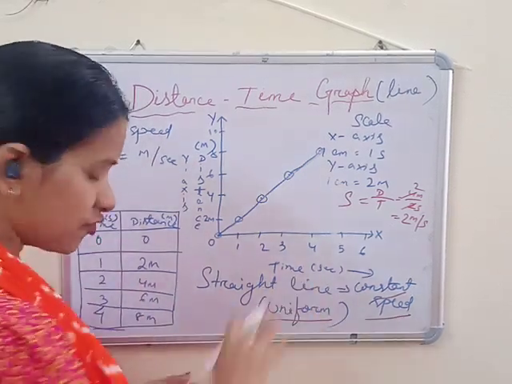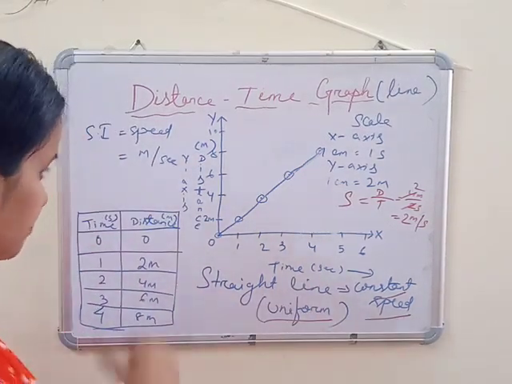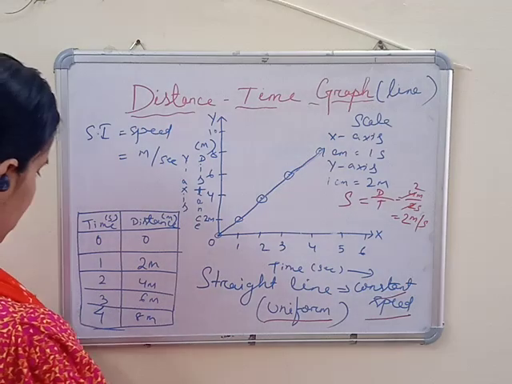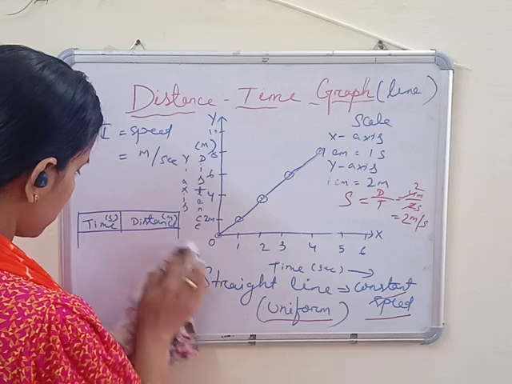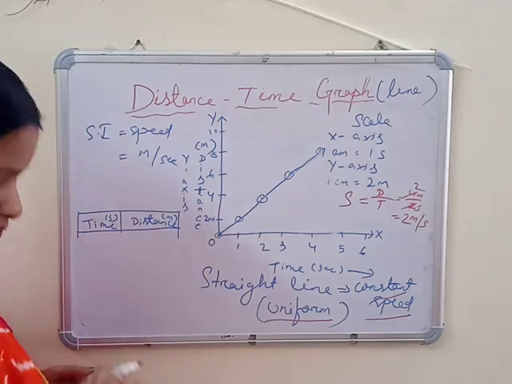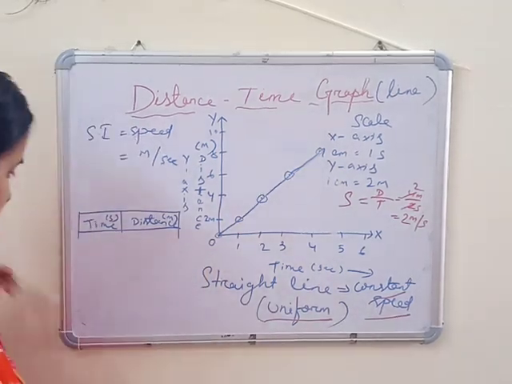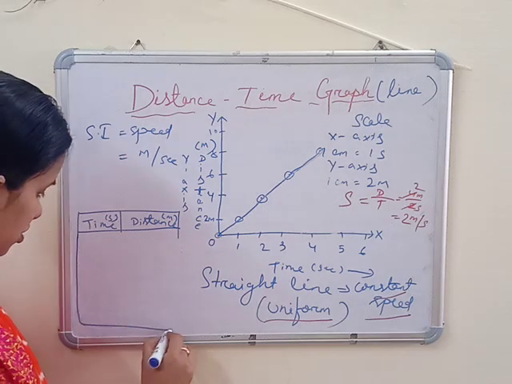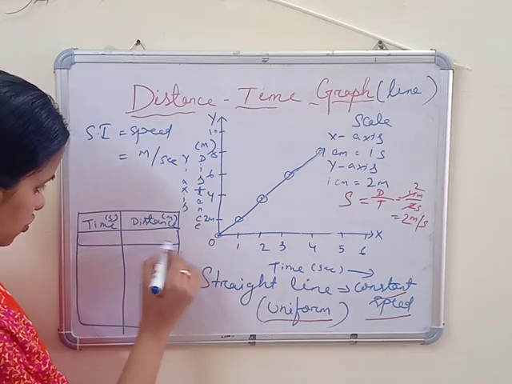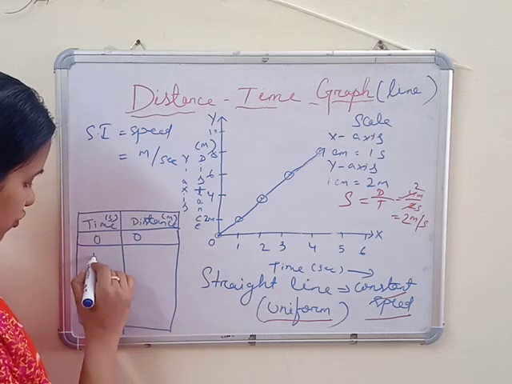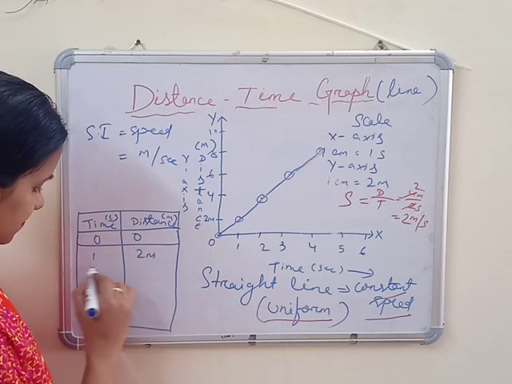If it is a non-uniform motion, then see how the nature of the graph is. So let's change this one a little bit. Just do one for that, then only you're going to be clear about non-uniform motion. So for 0, 0. Okay. For 1 second it takes 2 meter.